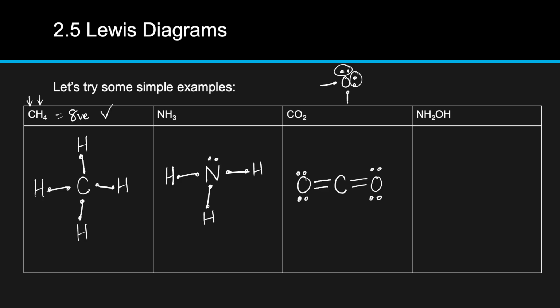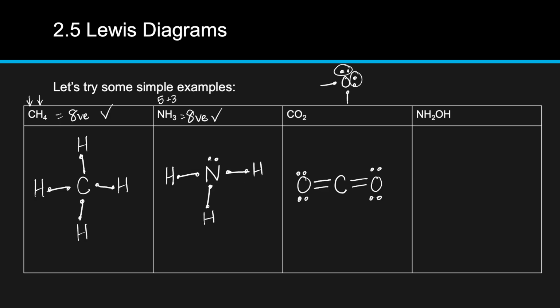Then moving on to NH3, we know nitrogen has 5, and each hydrogen has 1, and there are a total of 3. So this also has 8 valence electrons. So if you count it up, we have 2 from this lone pair, 2 from this bond, 2 from this bond, and 2 from this bond, which does equal 8 in total.